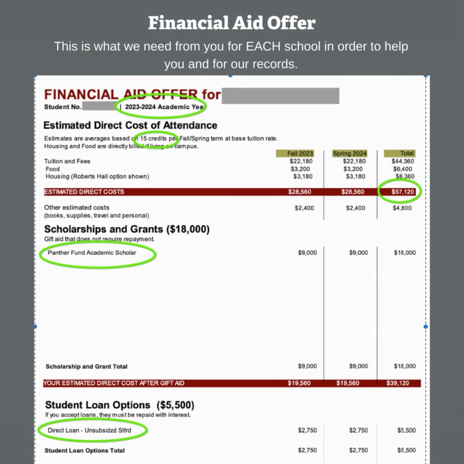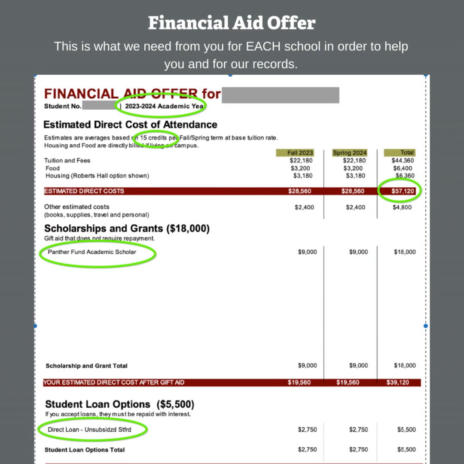About right now, we want to talk about the cost of attendance. I'm going to make this a little bigger on my screen. Hopefully you can see it. So it's a financial offer for the 23-24 year. And this is saying that the student has to take 15 credits per semester. Tuition and fees are $44,360 for the year, plus food, $6,400, plus housing, $6,500.